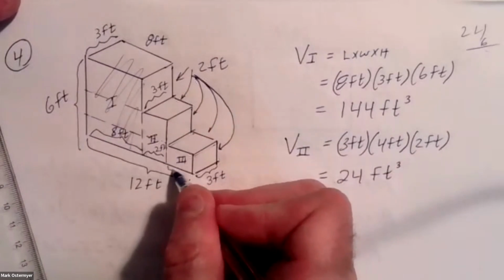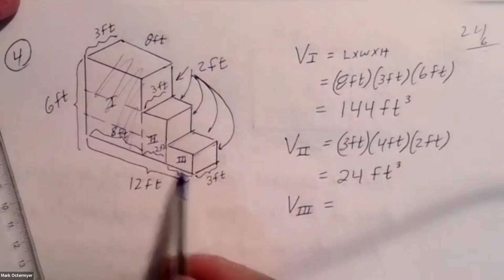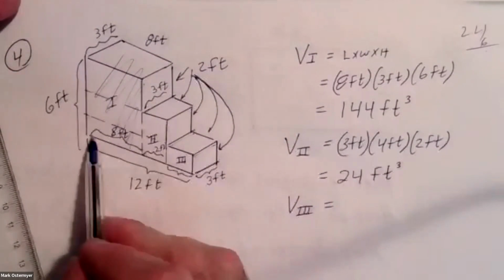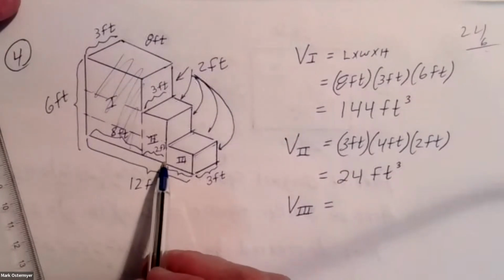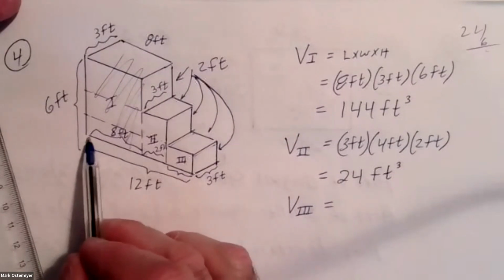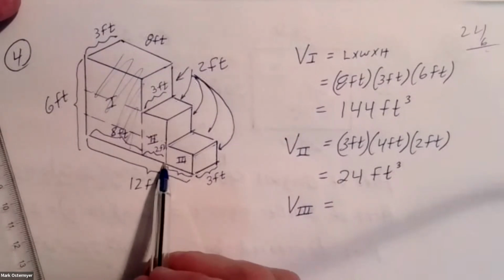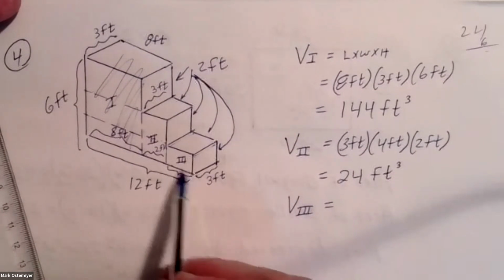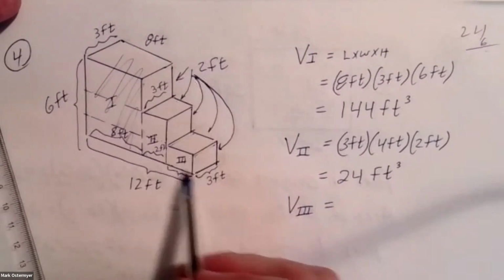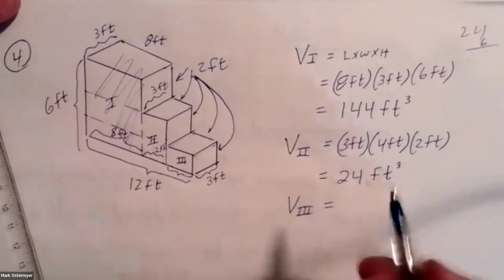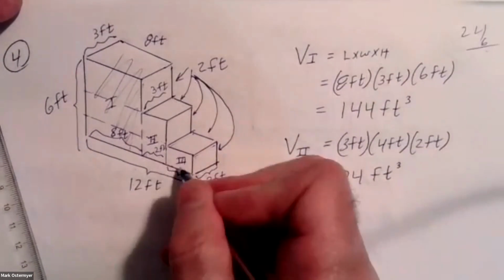What's this going to be here to here? It's going to be 12 feet minus 8 feet minus 2 feet. So 12 feet minus 8 feet is 4 feet, minus 2 feet is 2 feet. That leaves us with 2 feet. Well, they told us this was 2 feet anyways. Okay, we didn't have to go through it. That's 2 feet anyways.